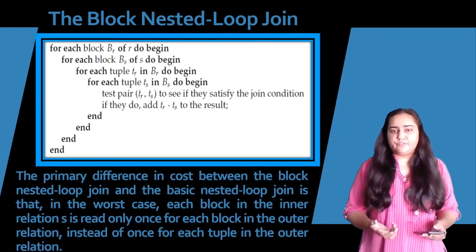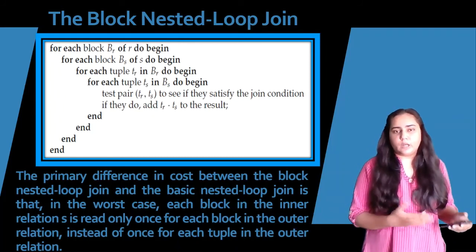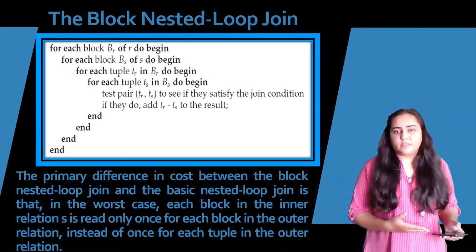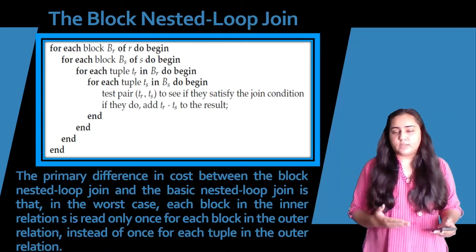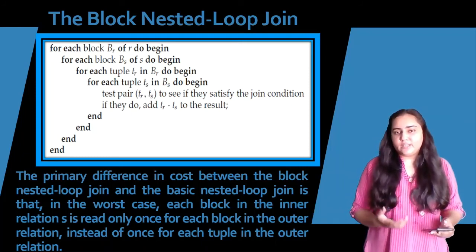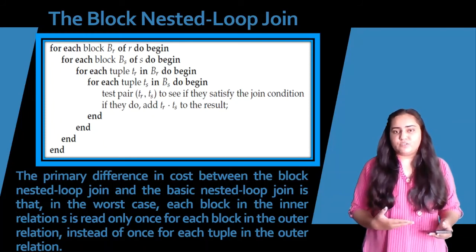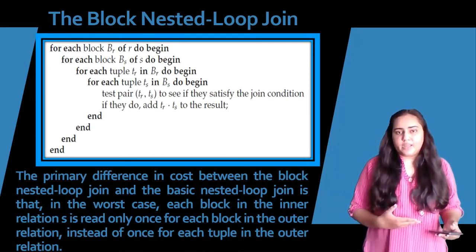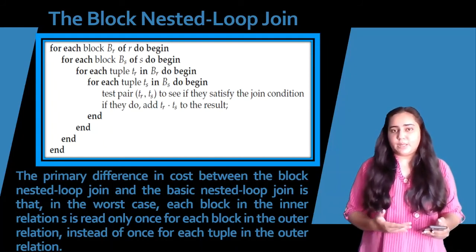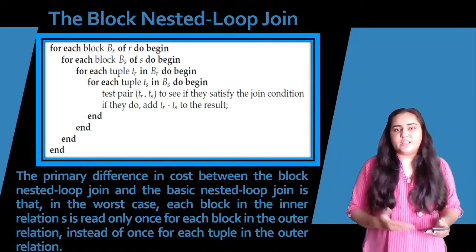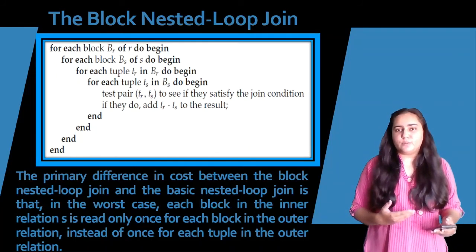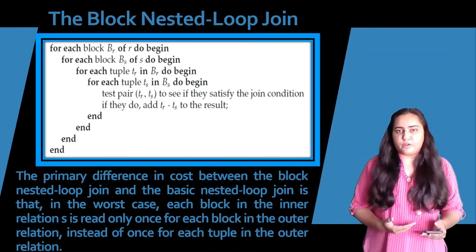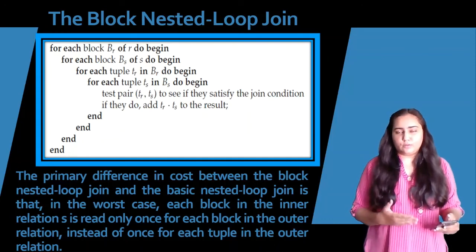The primary difference in cost between the block nested loop join and the basic nested loop join is that in the worst case, each block in the inner relation S is read only once for each block in the outer relation, instead of once for each tuple in the outer relation. Like I mentioned before, this algorithm provides a much better way of performing a loop join.